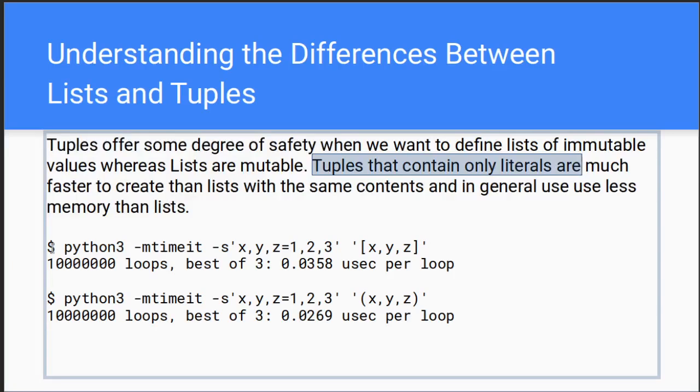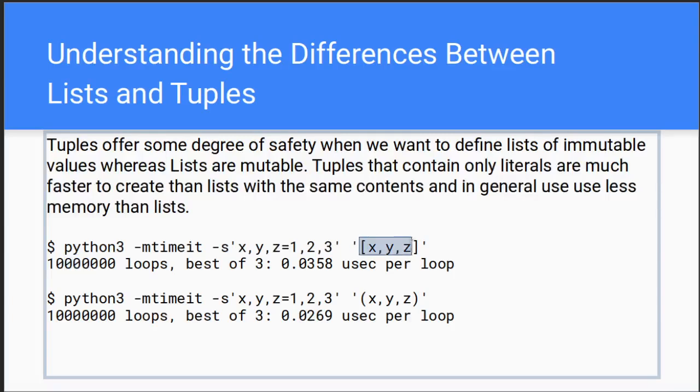So if you run this from the command prompt, load the module timeit, and you give it this string to set it up. You say x is 1, y is 2, z is 3, and you do this 100,000 times, or 10 million.